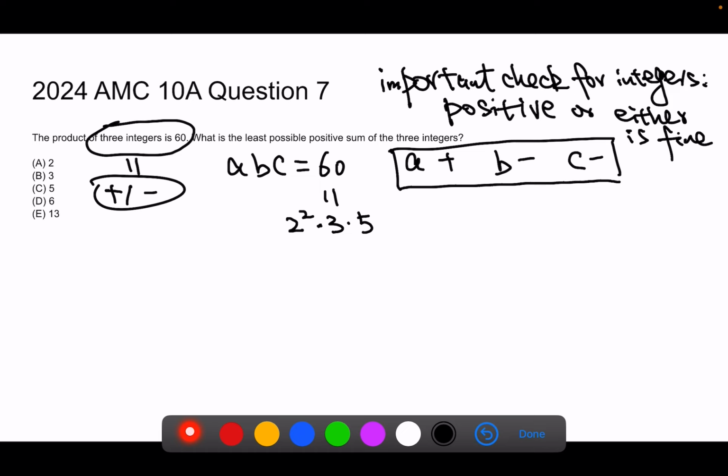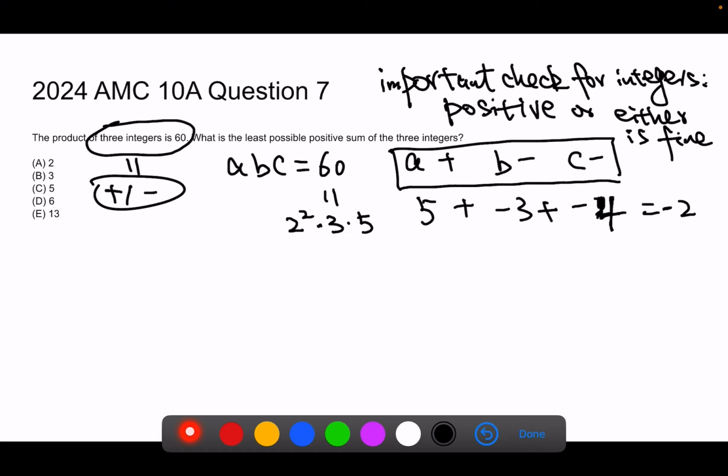For example, we can try 5, -3, -2. The product is -4. My apologies, the product is 60, but the sum is -2.